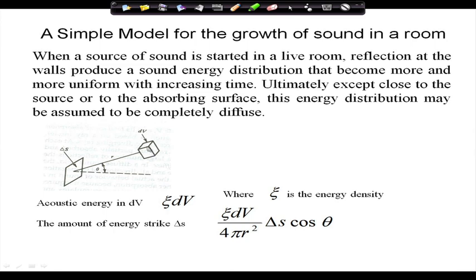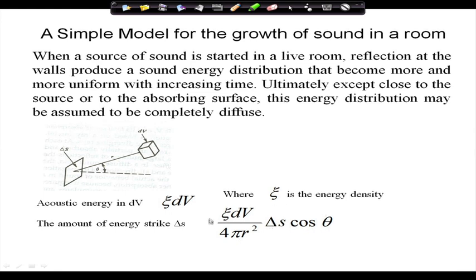So, within this volume the total acoustic energy is psi dV, and it strikes the surface del S with the angle theta. The amount of energy striking del S is the total energy divided by 4 pi r square, the total spherical surface, multiplied by del S cos theta.